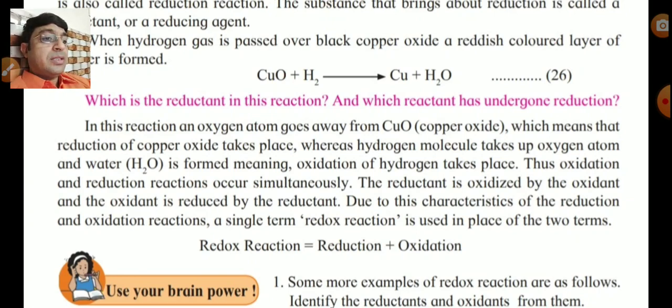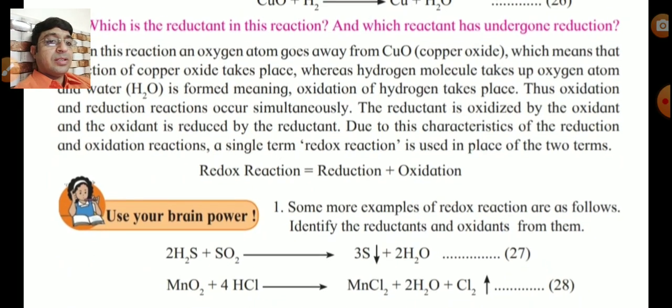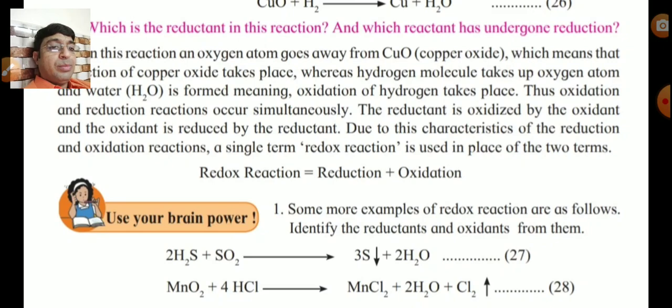Due to these characteristics of reduction and oxidation reactions, a single term redox, red means reduction, ox means oxidation, reaction, is used in place of the two terms. So redox reaction means combination of reduction and oxidation. Use your brain power.